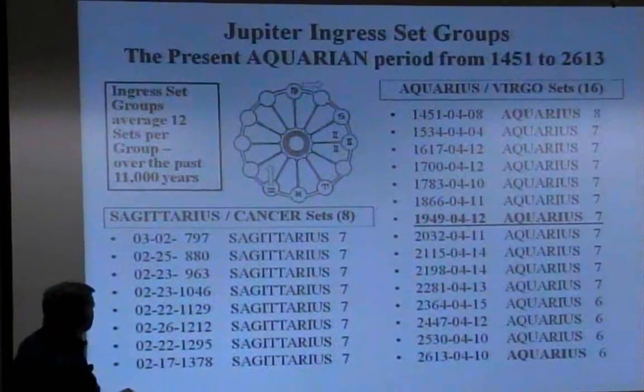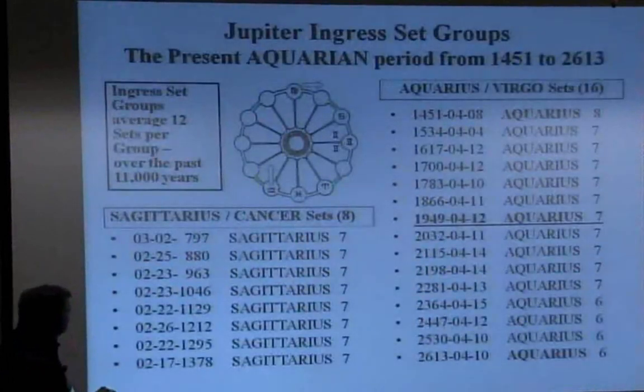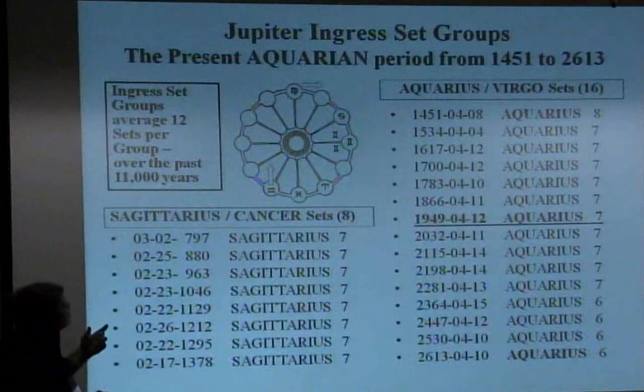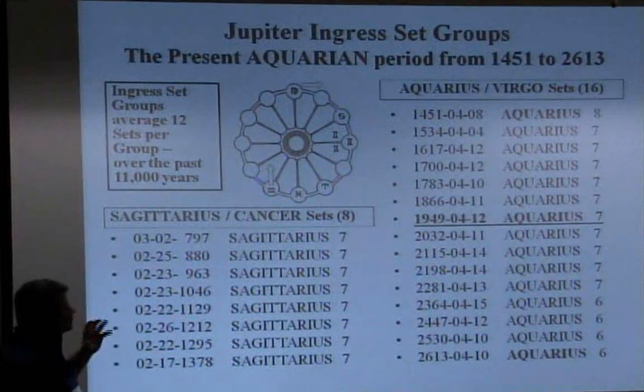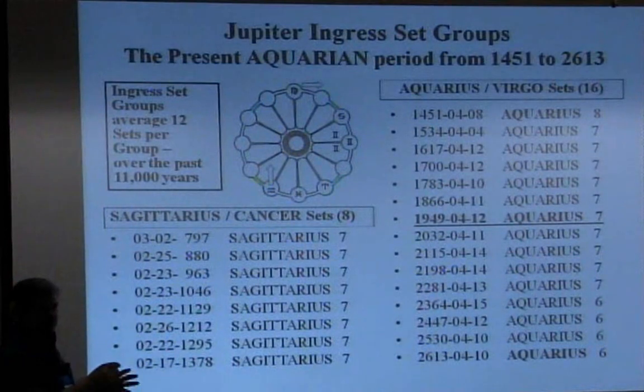These are the years starting with the year 797, Sagittarius started the short sets, the little sets of 7 ingresses, and then another set of 11-year ingresses. Now, these are ingresses, and this is not the heliocycle of the conjunctions with the Sun.